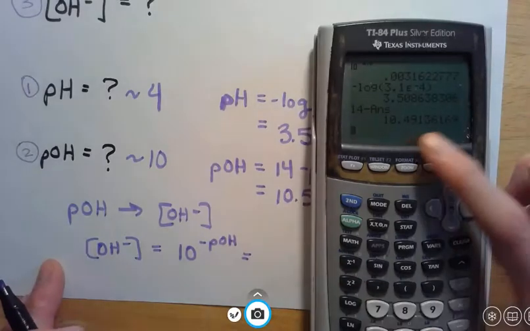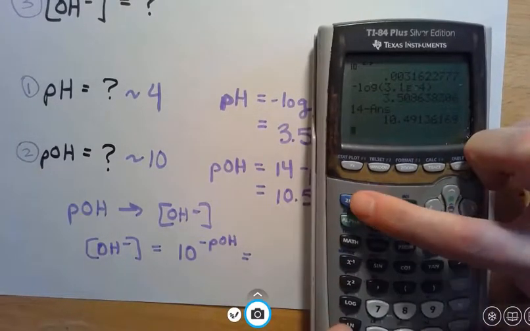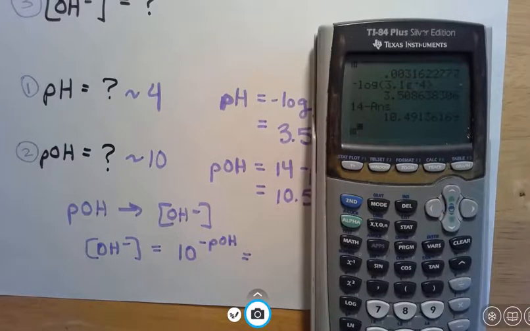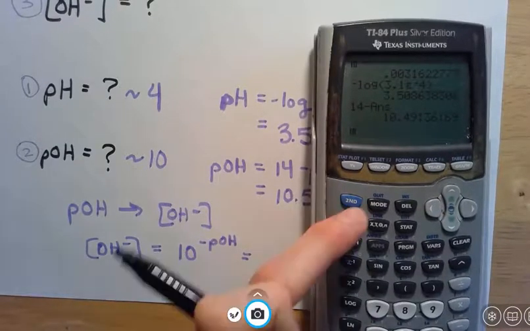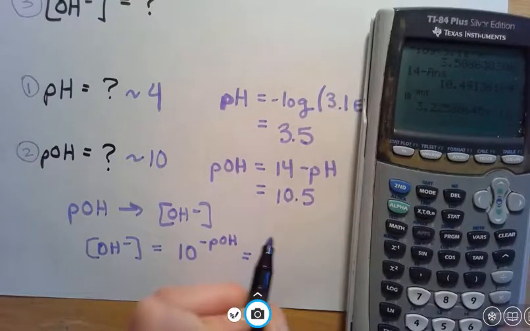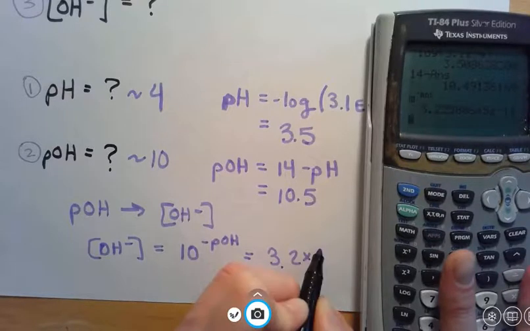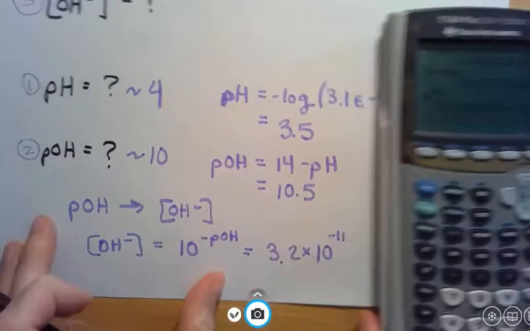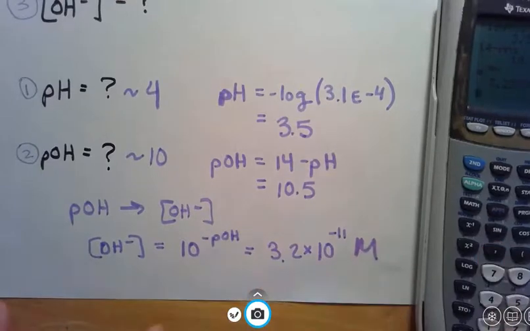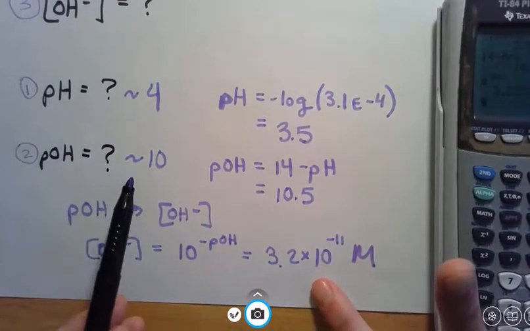So I still even have this in my calculator, so I'm not even going to undo it or retype it. I'm just going to do second log negative answer. And I end up with a value of 3.2 times 10 to the negative 11th molar. Which again is fairly close to our approximation, though it's not exact.